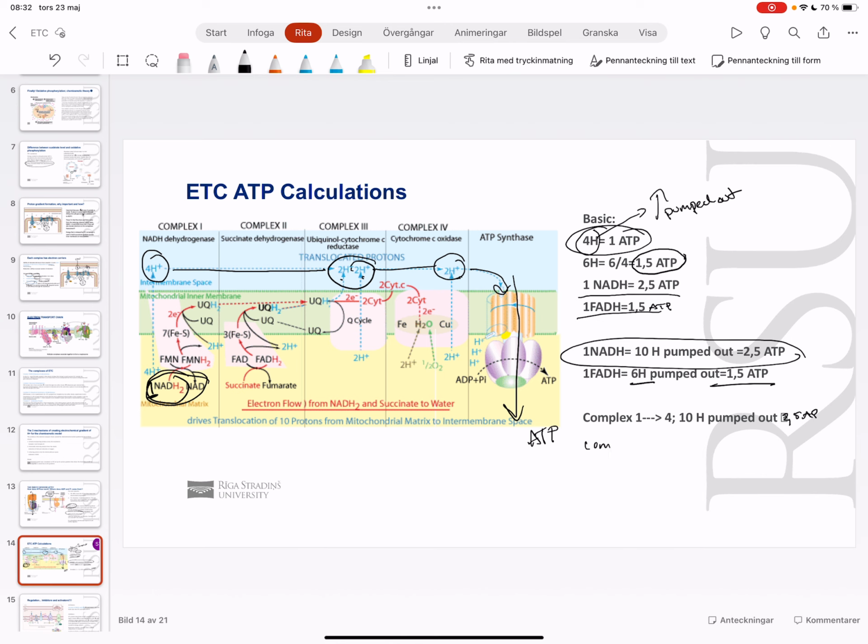And then from complex 2 to 4, 6 hydrogens are pumped out, that equals 1.5 ATP. I'm just repeating myself, but 1 FADH2 will give you 1.5, 1 NADH will give you 2.5, so 1 NADH will give you more. That's it.